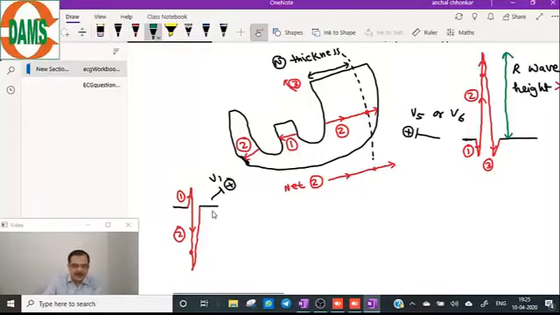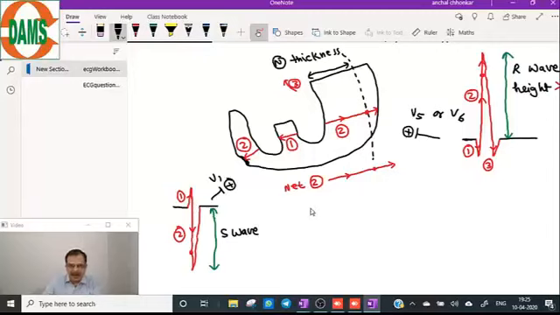Now this depth is taken. This is the S wave. So this S wave will also be taken into consideration.